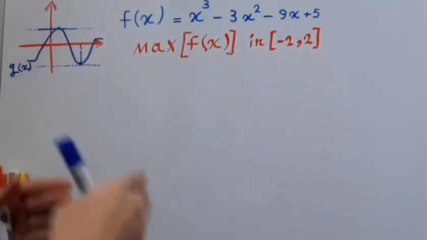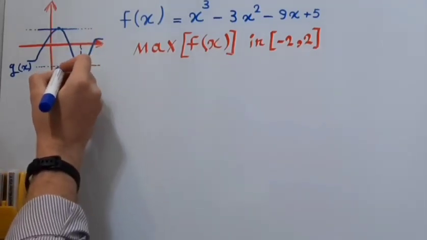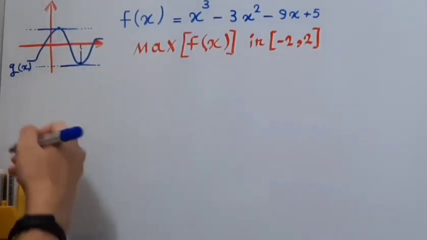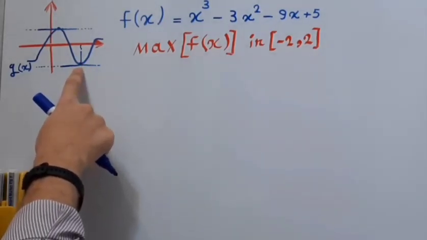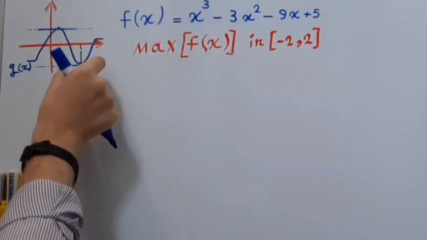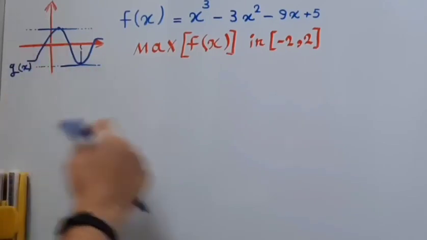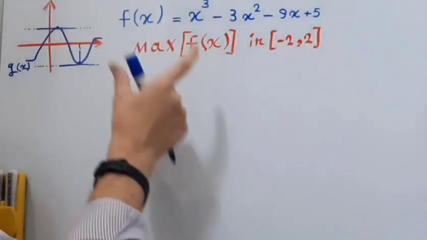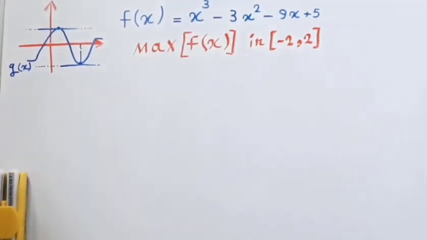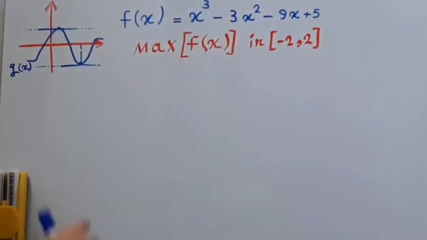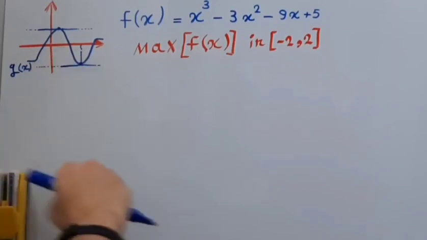This is the minimum of this function, and the slope of that is 0 too. So at first, this slope is the derivative of the function at this point. I should find the derivative of this function and put it equal to 0 because the slope is 0.